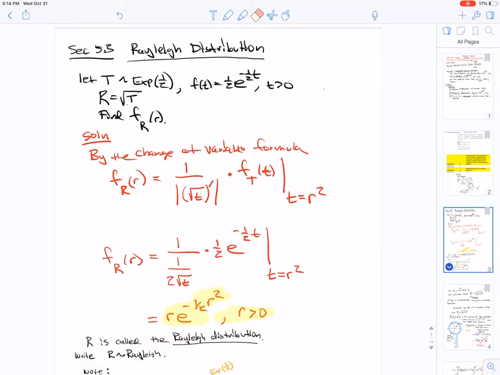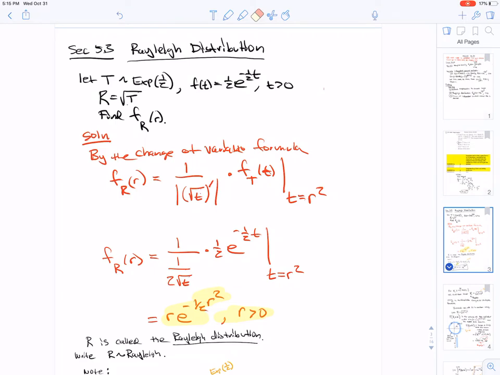So the Rayleigh distribution is a useful distribution to know in its own right, but it actually will tell us a lot about the normal distribution, as we'll see. So let T be exponential 1/2 and R be the square root of T. So R is called the Rayleigh distribution.